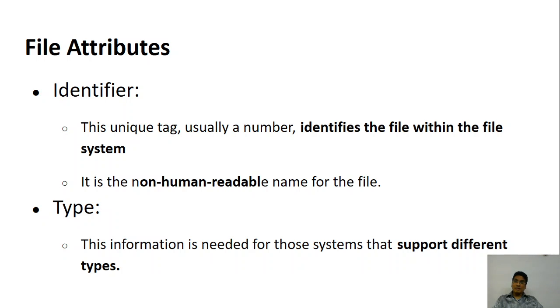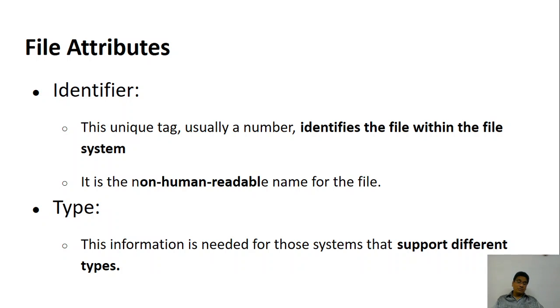The identifier is a number that is usually stored by the file system, like the inode we use in Linux. This is used by the system, but it is not used by humans, so it may not be in human readable form. It's like your register number.